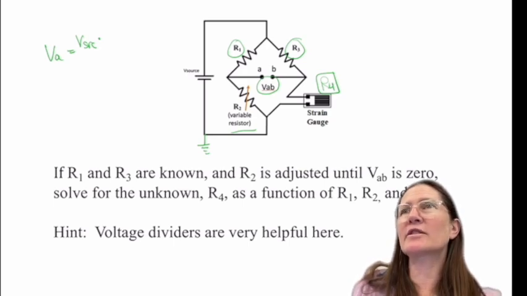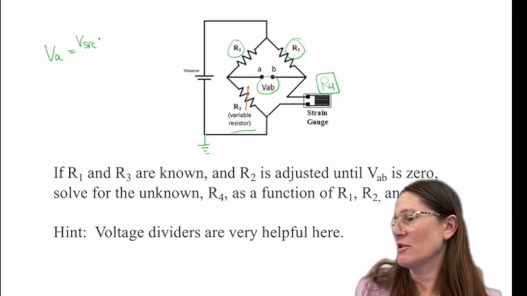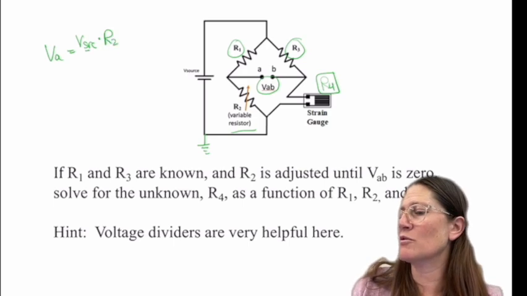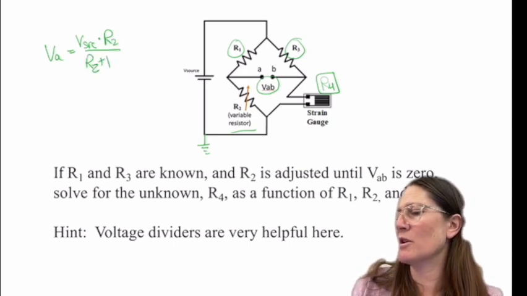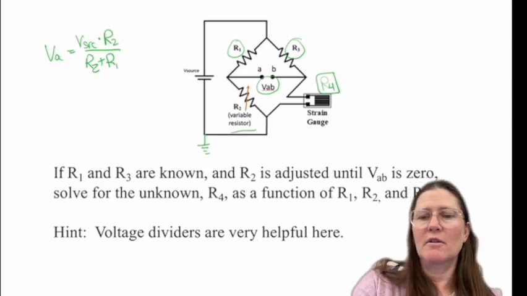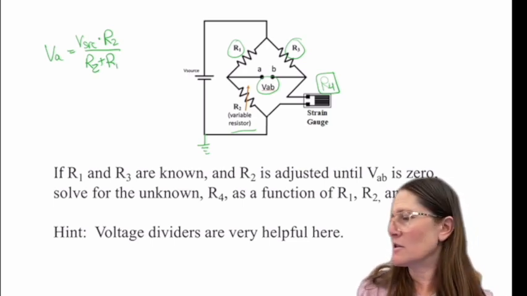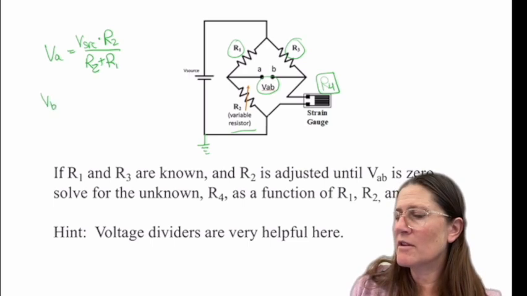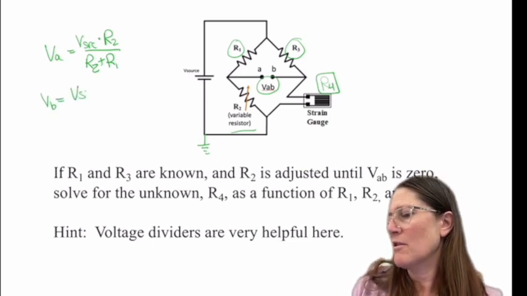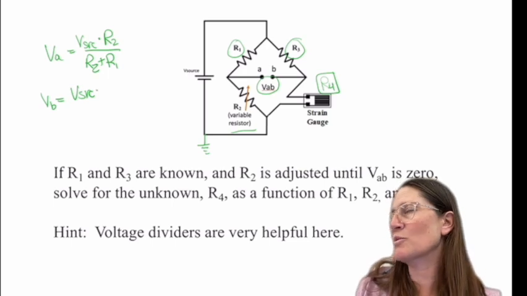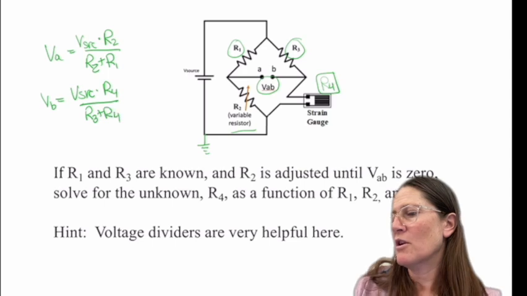So VA is going to be the measurement across which resistor? I would do R2 over R2 plus R1. And VB is going to be V source across which one? R4 or R strain, yeah, correct. And then it's between R3 and R4.